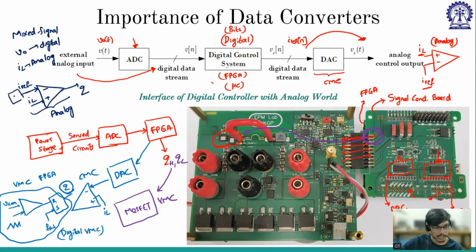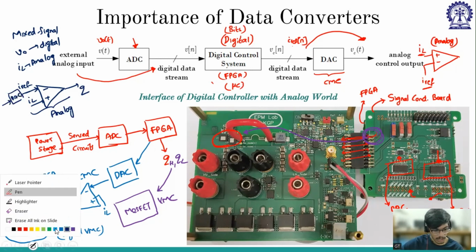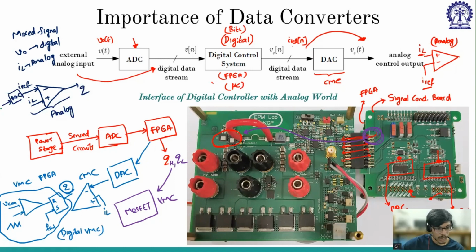So this is my DAC, and the input is digital. If I use another color, the input is in the digital domain and the output is in the analog domain. Because there is some part in the architecture which is in the analog domain, I need my I reference to be in the analog domain, but it is generated digitally in the controller, and I have to convert this into the analog domain, for which I need a DAC.